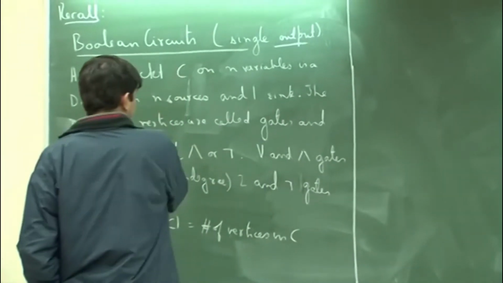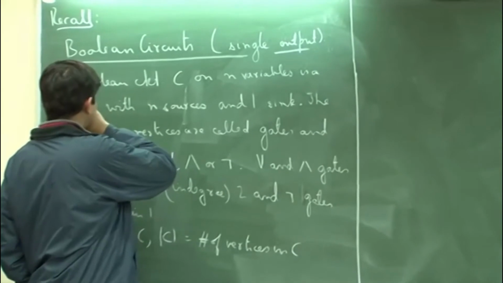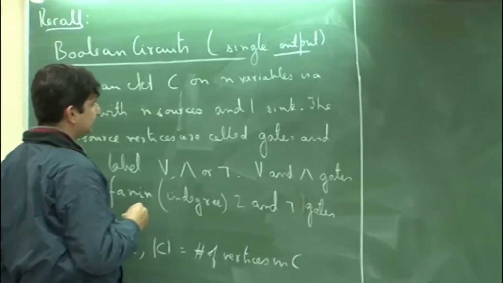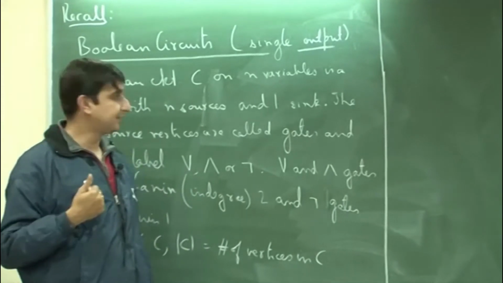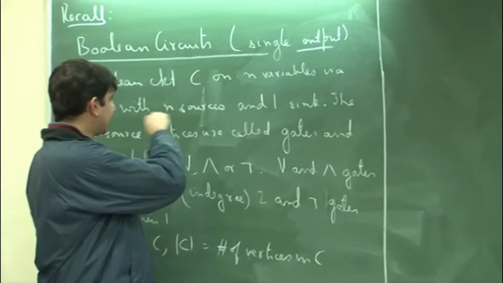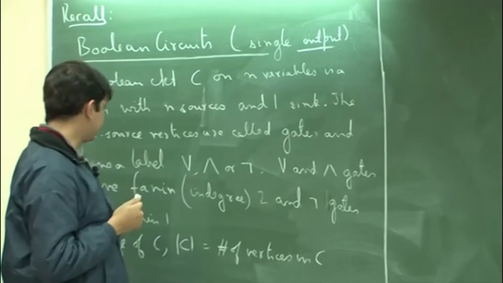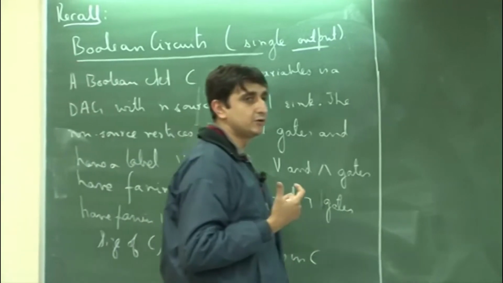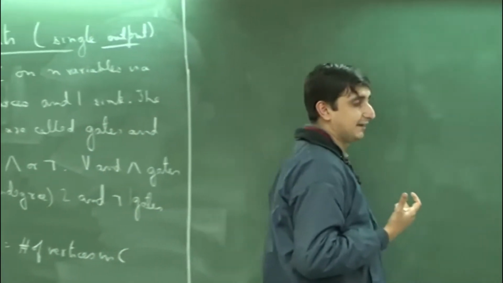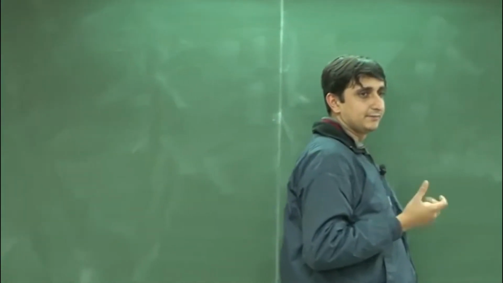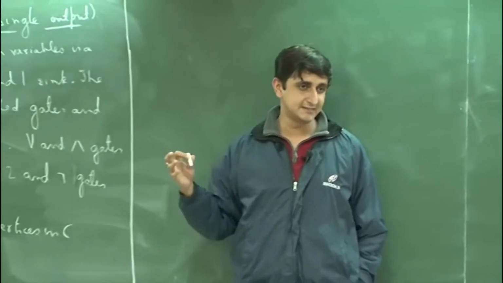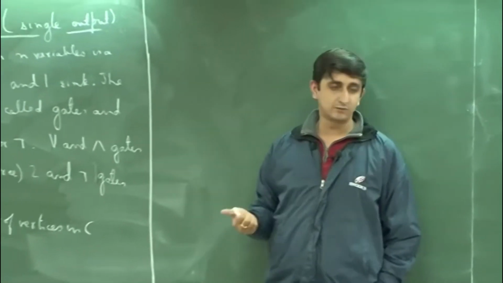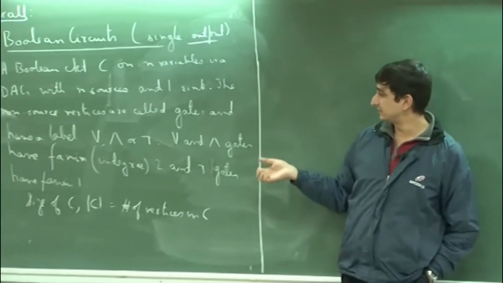So we will assume for the time being that our circuits are single output circuits, that is they have one sink node, and they have n sources, and we will assume that we are looking at inputs of size n. Again, for the time being we will just assume that there are no constants involved. Yesterday I did say that you can still have constants.